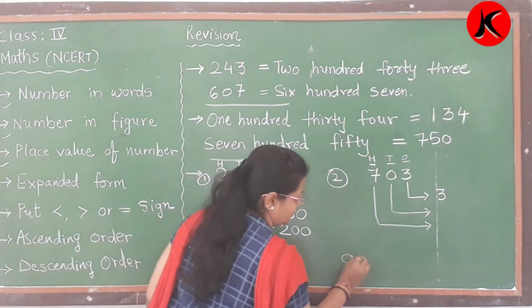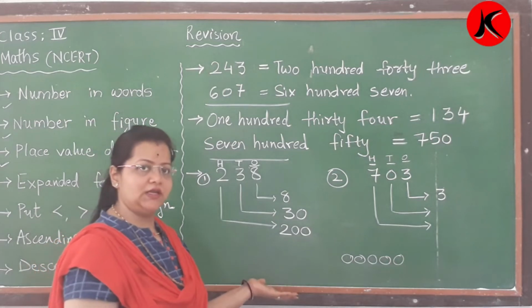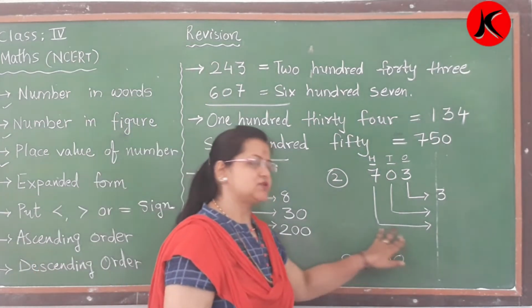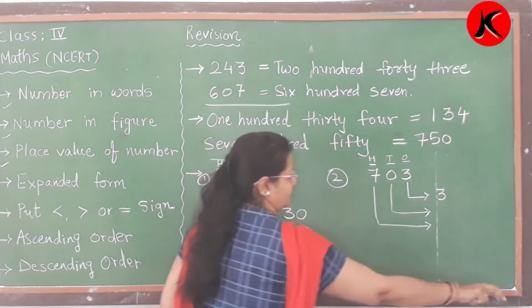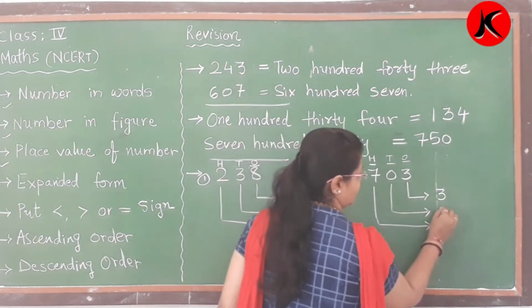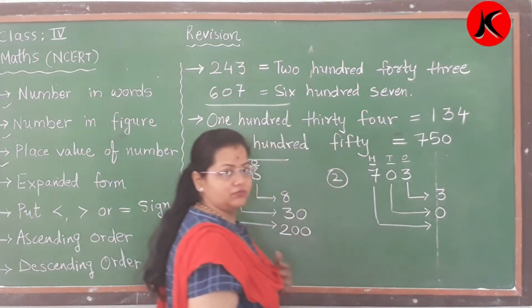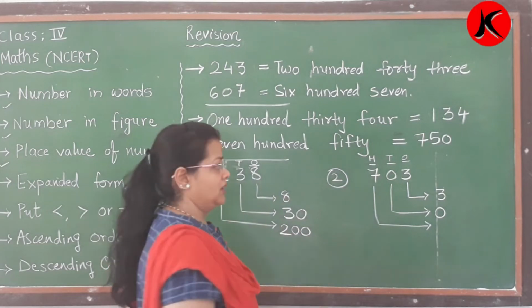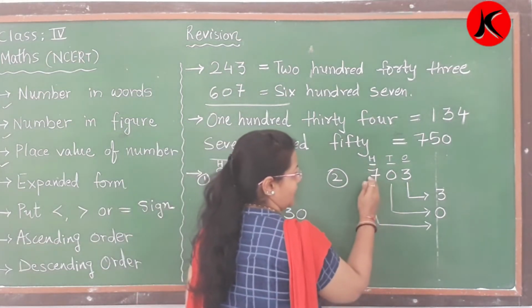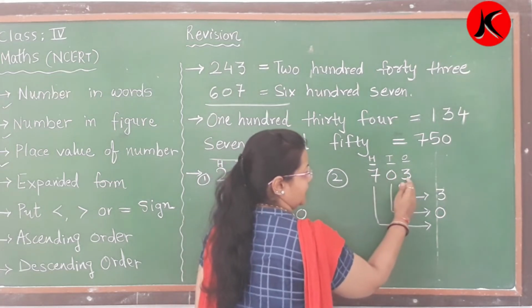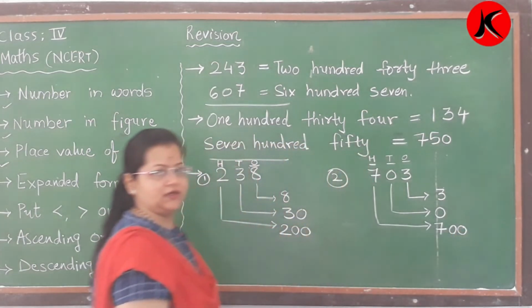Suppose you write 0 five times, but it says only 0. The value of 0 is always 0. Whether you write 0 one time, two times or five times, 0's value is always 0. Now here 7. After 7, how many digits are there? 1 and 2. So 7 and then 2 zeros.